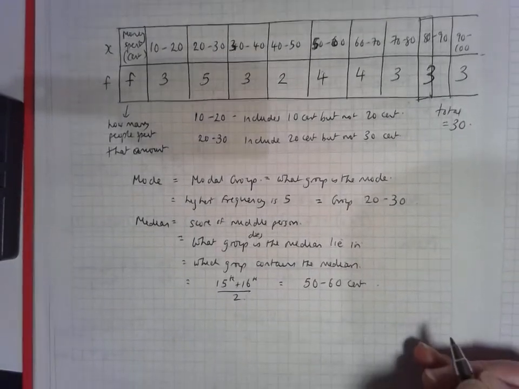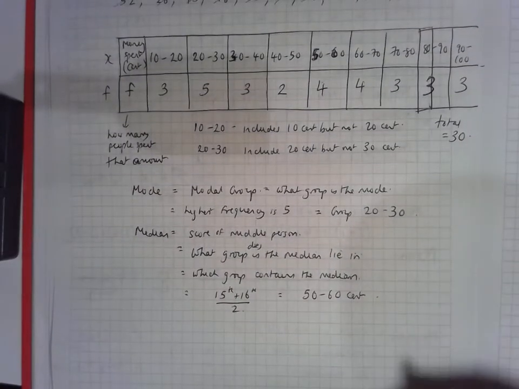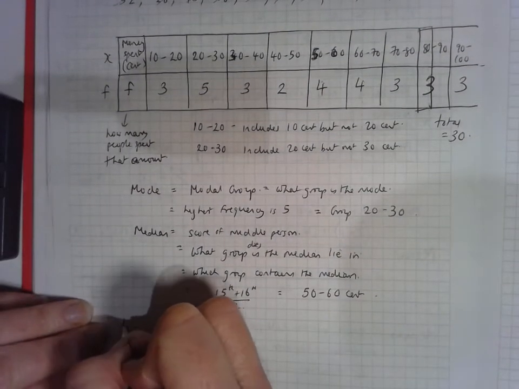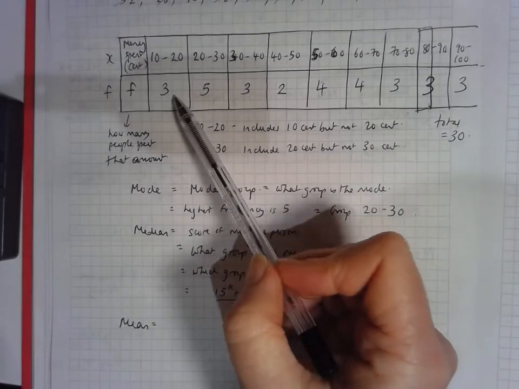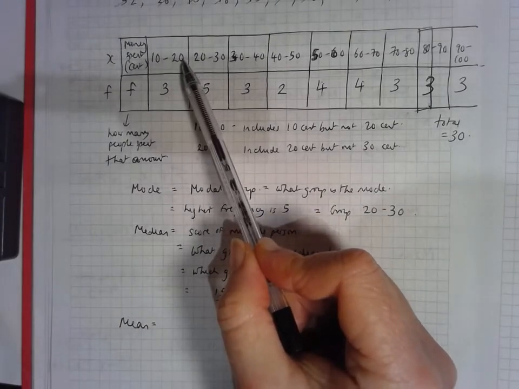Now, the difficulty here lies with working out the mean. What we know is that 3 people spent between 10 and 20 cent. How would I work out the mean?